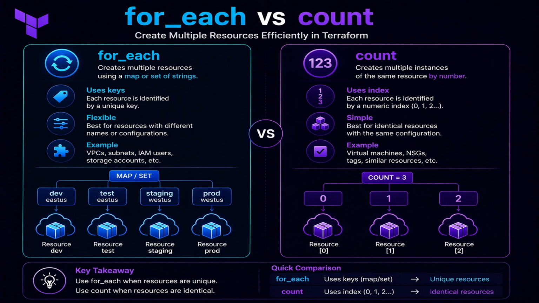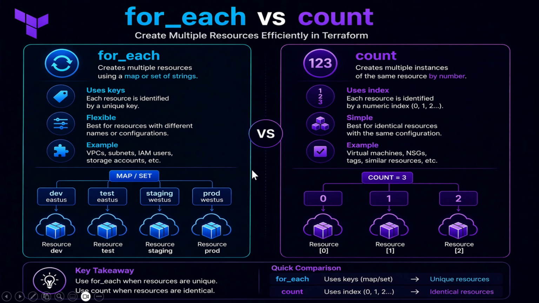So this is the part where almost everybody gets confused when learning Terraform: for_each versus count. And honestly, when I first learned Terraform, I was also thinking, why do we even have two different ways to create multiple resources? But the difference actually becomes simple once you see it in a real scenario. Let's imagine a company environment.